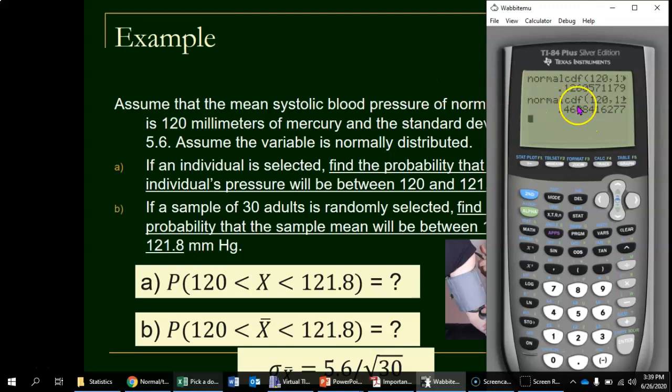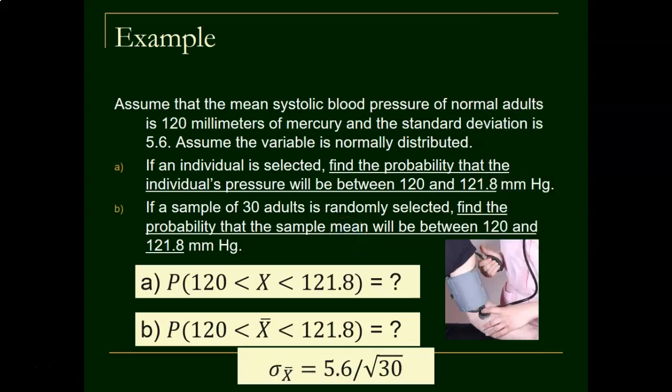So it's 0.1261 for the answer to part A, the probability that an individual's blood pressure will be between 120 and 121.8. And the answer is 0.4608 for part B, the probability that for the whole group, their average blood pressure is between 120 and 121.8.